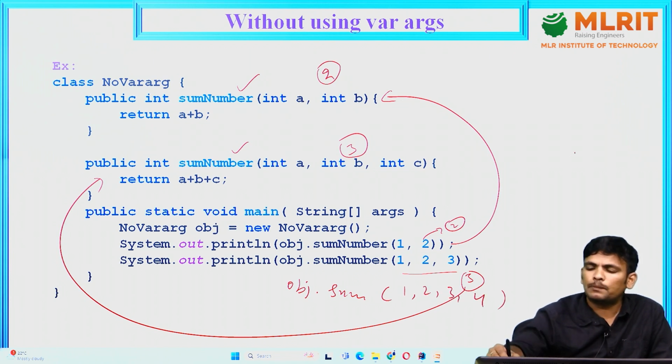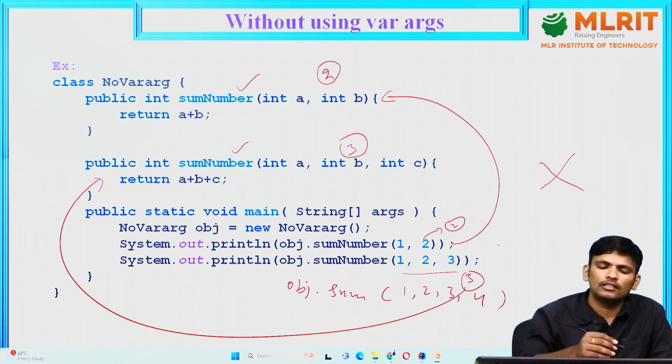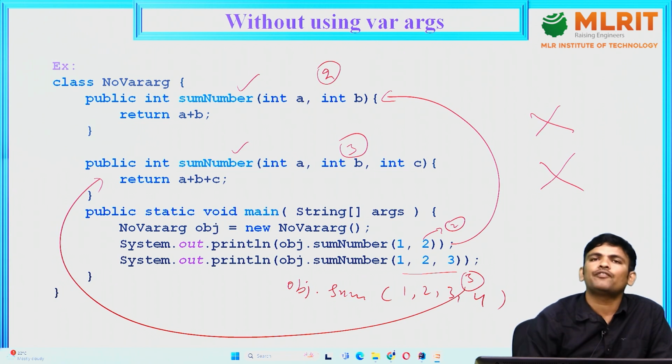Here this program is failing. It will perform the operation by using two arguments, and also by using three arguments. But what if I pass four arguments? In such cases there is no such method, and your program will fail.